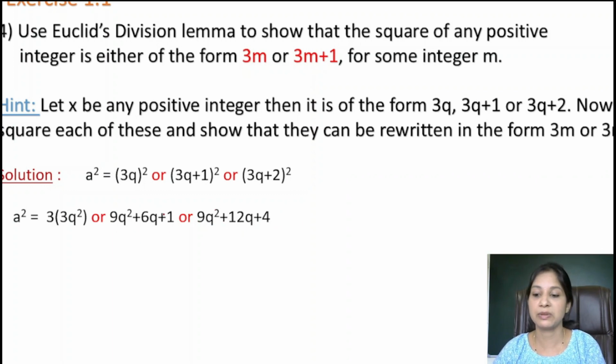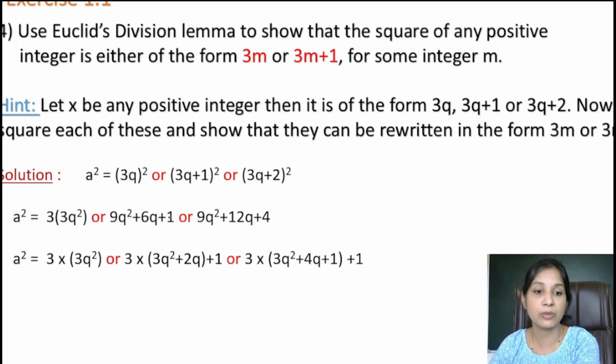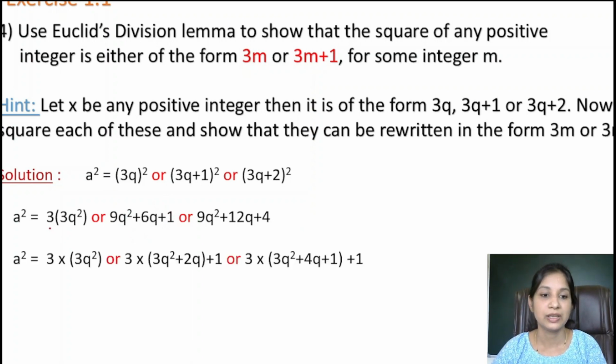Now this can be rewritten by taking common 3. I can write 3 into 3q square, as written here. For this I can take 3 common. If I take 3 out, then 3q square will remain, and 2q for this 6q, plus 1 is extra. That means I represented it as 3 into something plus 1.